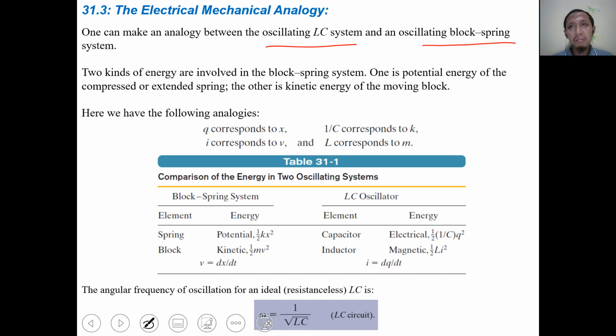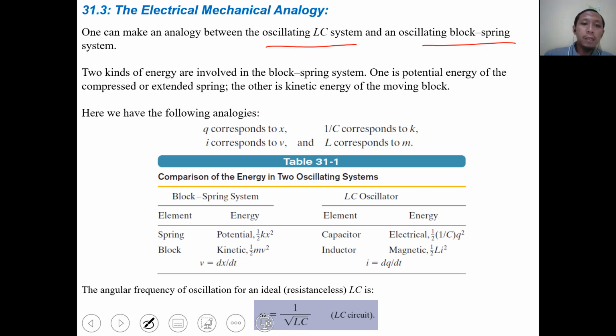So in our textbook, they make an analogy between the LC system and a block spring system. But I think you are familiar with the block spring system from senior high school. Yeah, I think you have studied the block spring system.